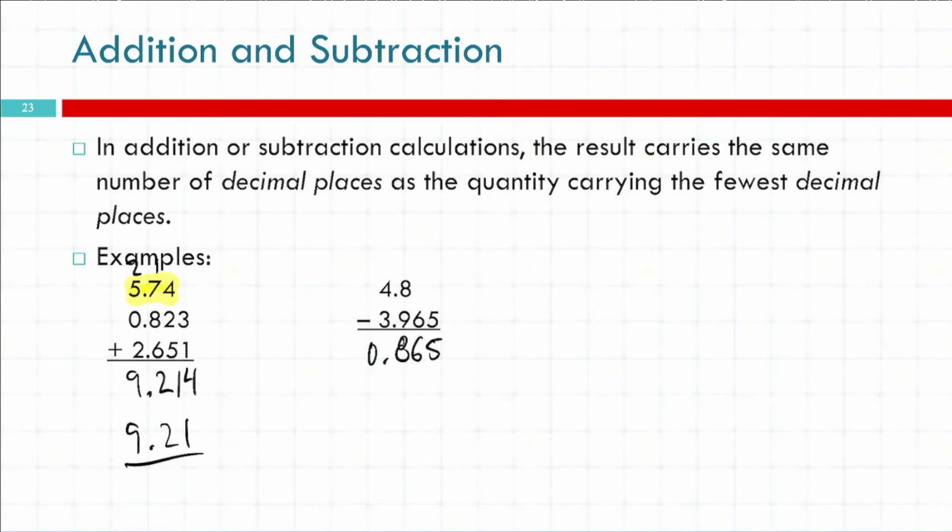But again, we're using the smallest number of decimal places, and in this case, it is different than any of the others. We're just keeping the 8. Our next digit is 6, so we round up. So it's going to be 0.9.